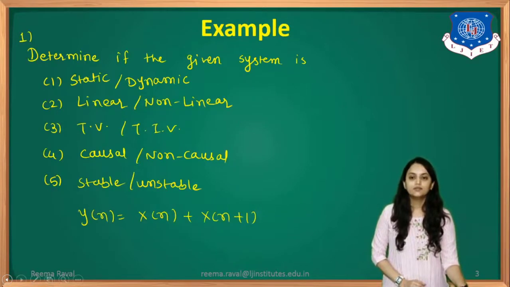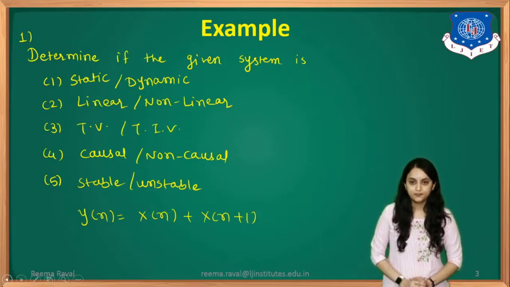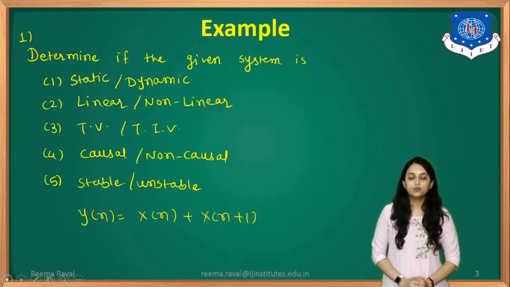So here, in the first example we are considering, we have to determine if the given system is static or dynamic, linear or non-linear, time variant or time invariant, causal or non-causal, or stable or unstable.